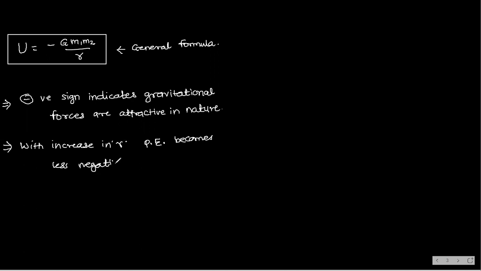Less negative, that is, it increases. जैसे कि समझो -4 is there and -2 is there. Which one is greater? This one is greater, है ना? Negative value. This one is greater as compared with this -4. That's why it increases. Keep it in mind.